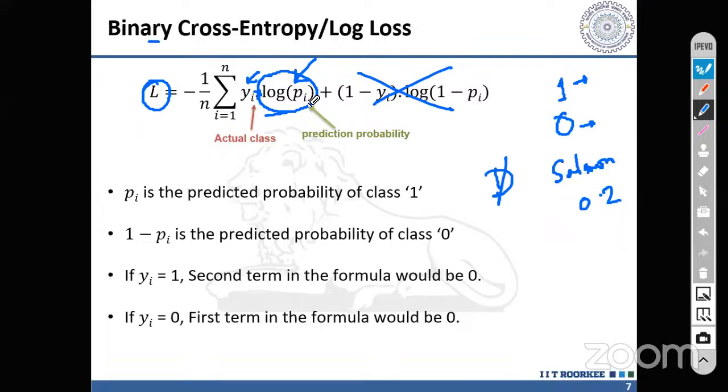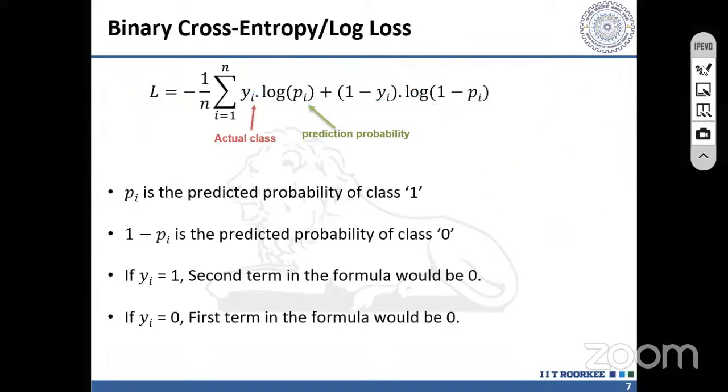Now pi is the predicted probability of class 1. If you have the probability of class 1, then you can consider the probability of class 0 as 1 minus pi. Now, what does log pi mean? How does it actually give you the error?